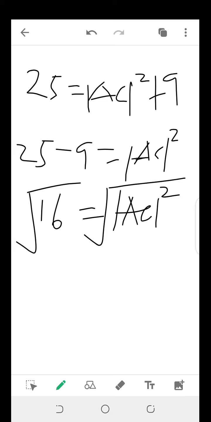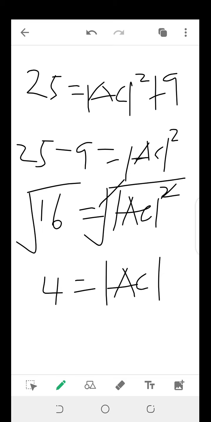So the number squared to get 16 is 4. 4 times 4 gives us 16. So the root of 16 is equal to 4. Therefore the magnitude of AC is equal to 4 centimeters.